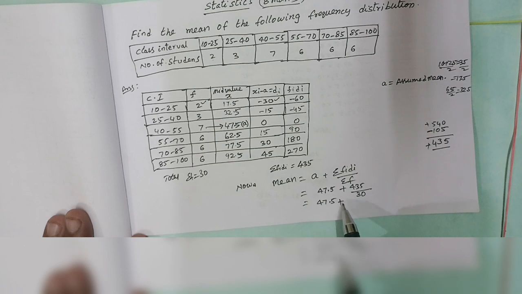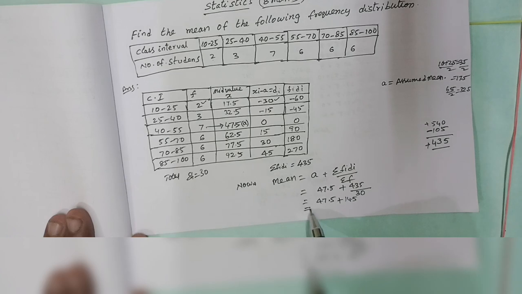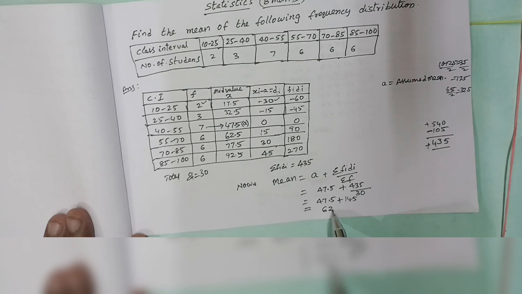Now 435 by 30 is 14.5. Now 47.5 plus 14.5, how much? 62.